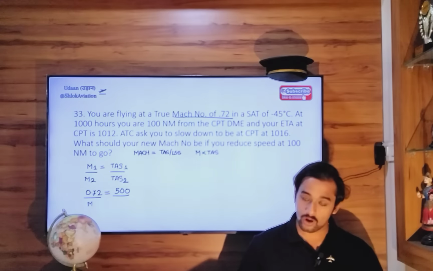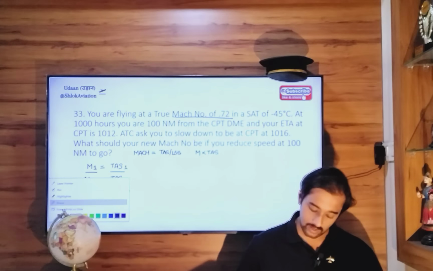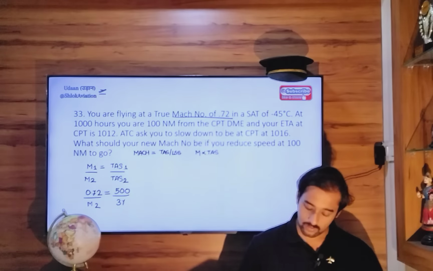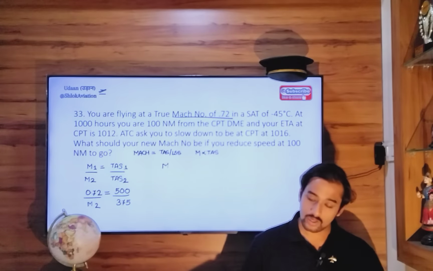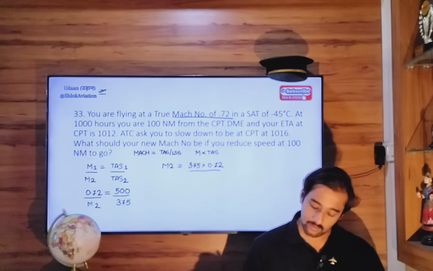We have to find the new Mach number; the new true airspeed is 375. Therefore, Mach 2 equals 375 into 0.72 divided by 500.